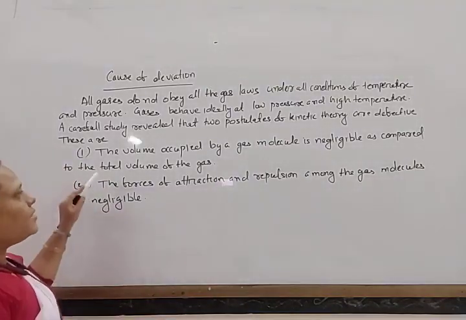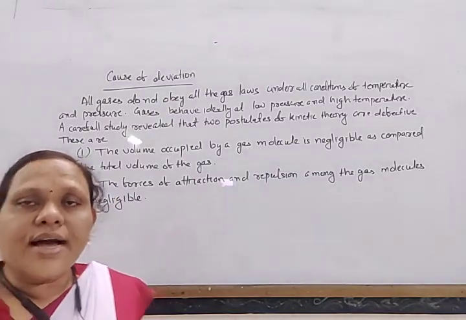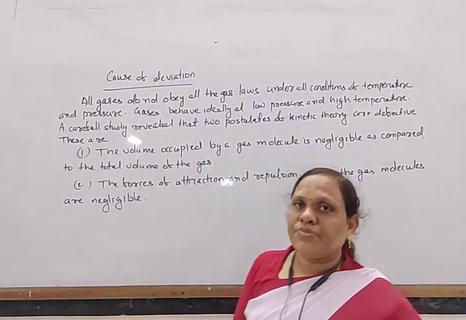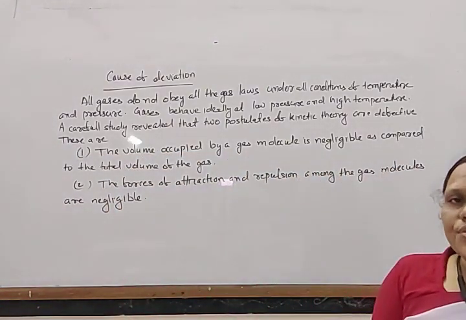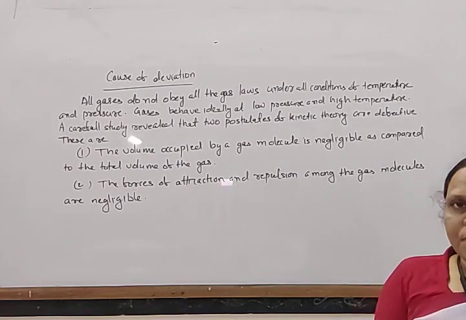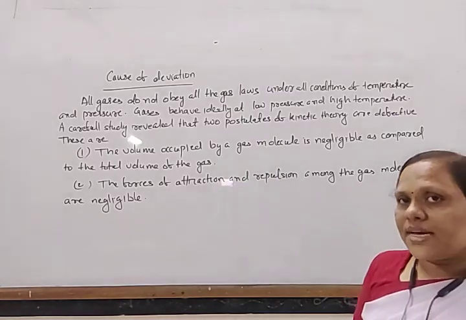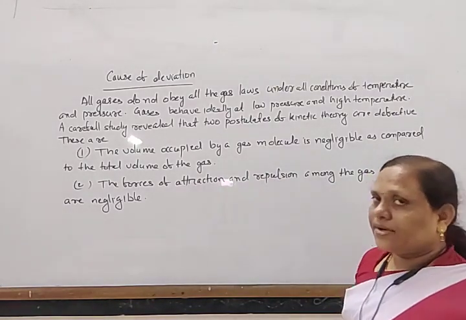One is that the volume occupied by a gas molecule is negligible as compared to the total volume of the gas, and the other is that there is no force of interaction, attraction or repulsion, between the gas molecules, or that these forces are negligible.